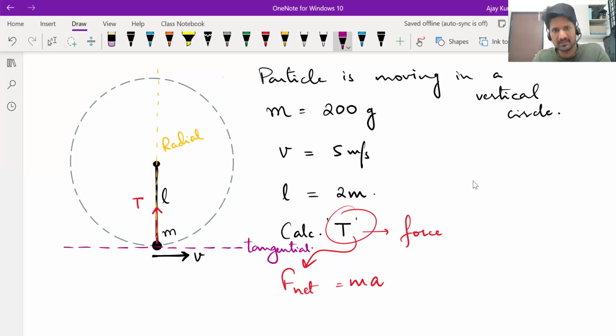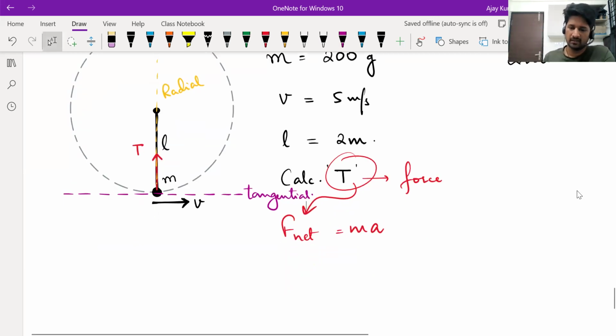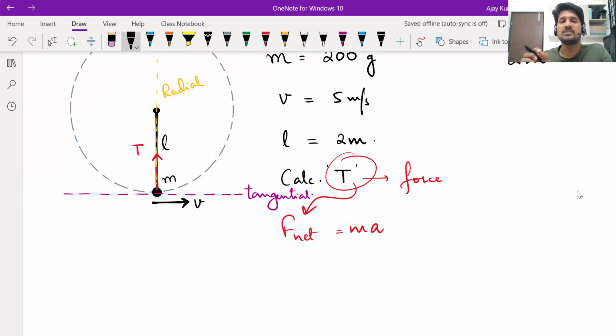So not just in this case, in any case, if an object moves in a curved path, from now onwards, you have to imagine radial direction, tangential direction. Now tension clearly is a force acting in the radial direction. If you want to bring that into the equation F net equal to ma, you will have to write the equation for centripetal force.